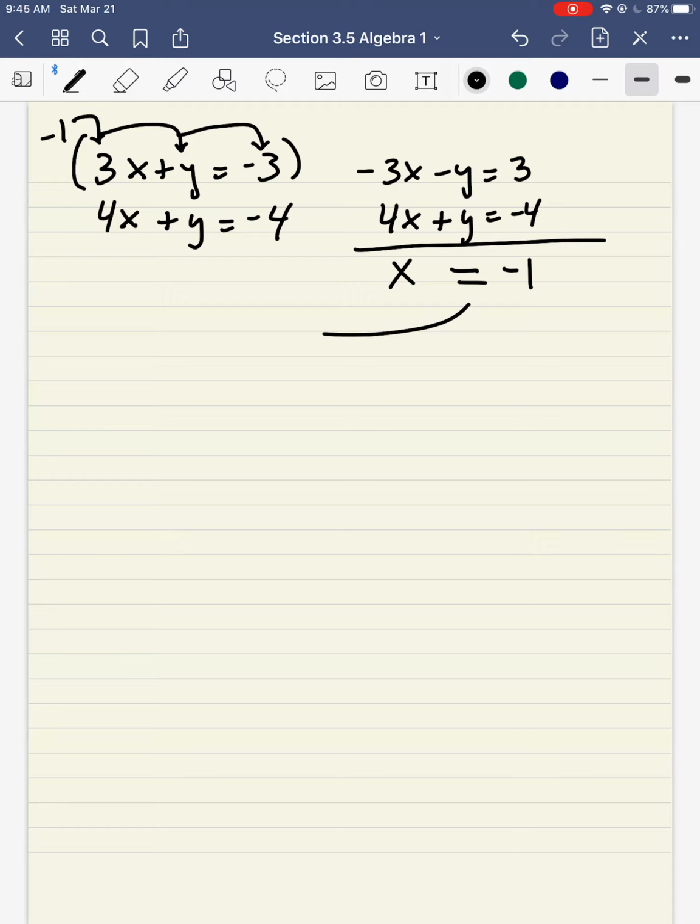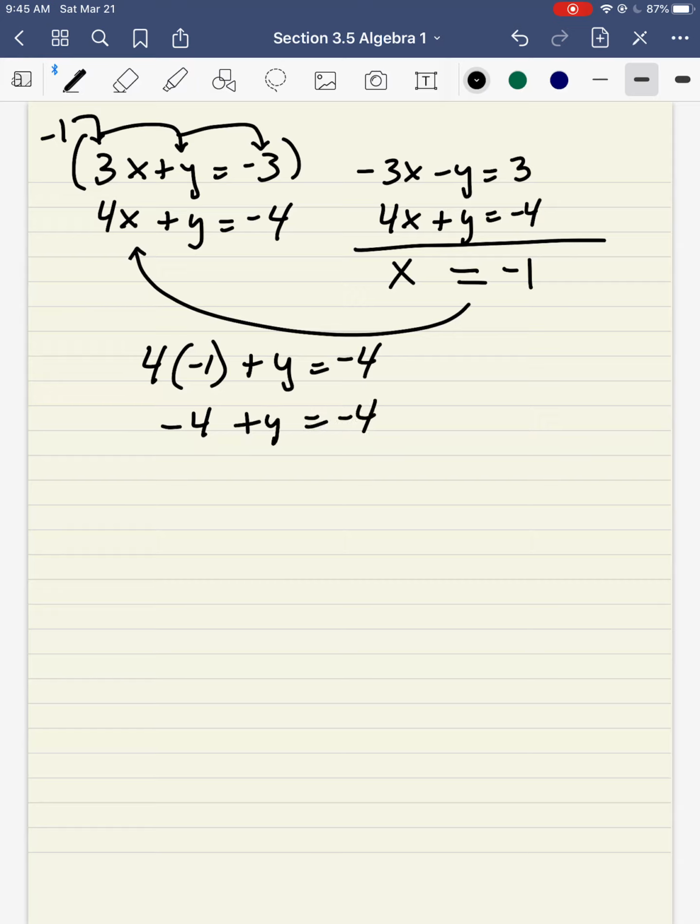I'm going to take that and put it back into the second equation. 4 times minus 1 plus y equals minus 4. Minus 4 plus y equals minus 4. Add 4 to both sides. Looks like I'm getting a 0 for y. So the solution is minus 1, 0.